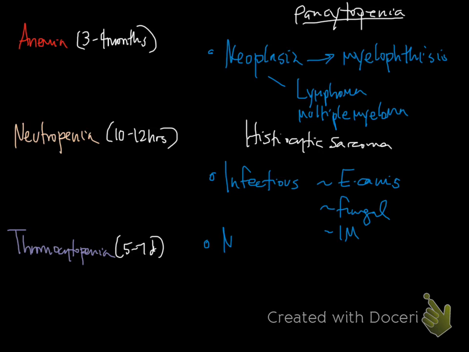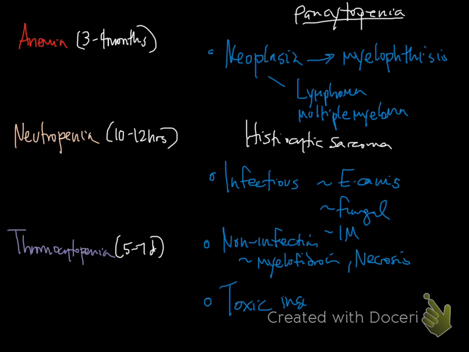There's non-infectious causes. A non-infectious cause that we can see is myelofibrosis, where the marrow is replaced by fibrous tissue. Necrosis, which can be idiopathic, although it's usually related to drugs. And then, I don't want to say common, but easier to identify are toxic insults, and these include various drugs.